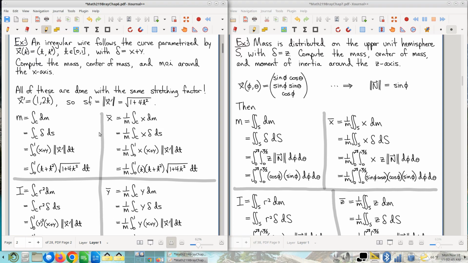If you have a surface, and if you can parameterize that surface, thankfully, we now have a toolbox full of tools for parameterizing surfaces, right? We know how to parameterize a lot of surfaces anyway. Then, just like here, you compute the stretching factor, and then plug it in. The flow of these examples is structurally, morally equivalent to the big picture over here. Different details, of course, obviously, but same basic ideas. And so, for example, we'll just take a quick look at one of these.